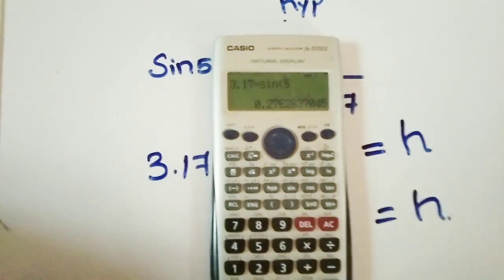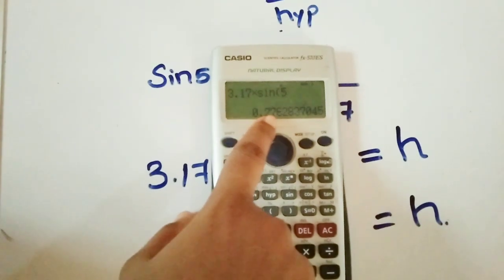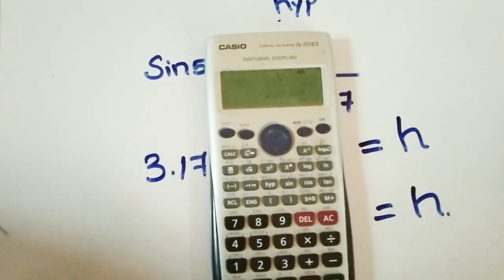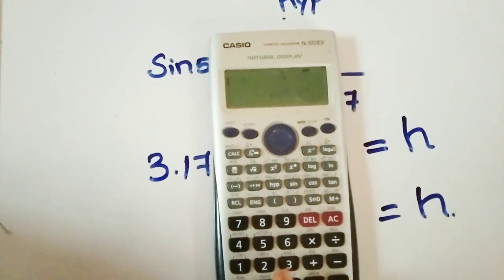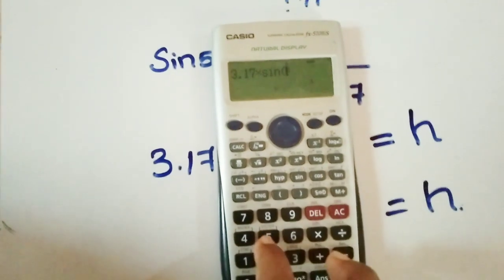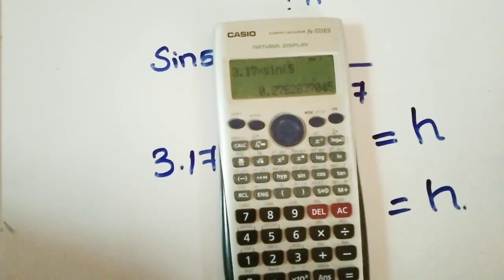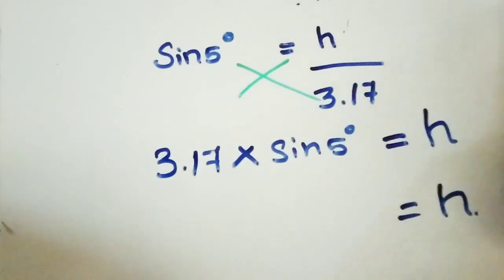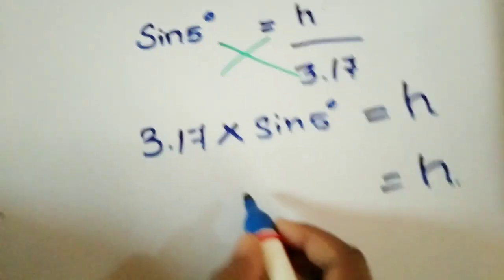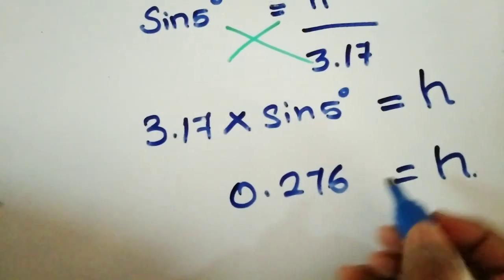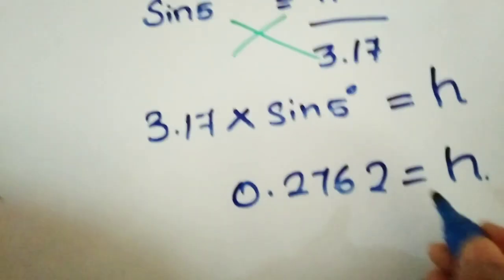What's the answer here? I'll redo it. 3.17 into sine 5 equals, what's the answer? 0.27662.